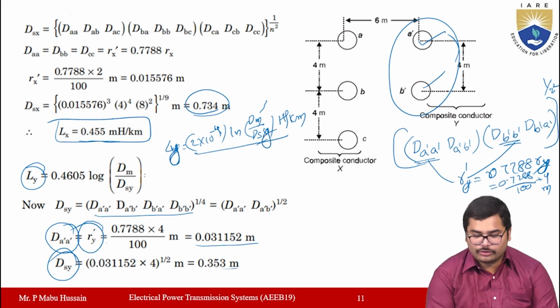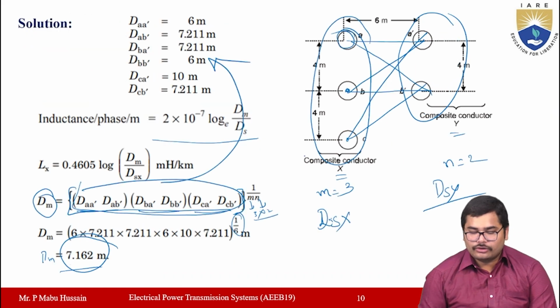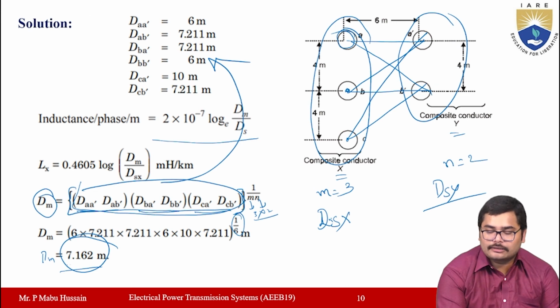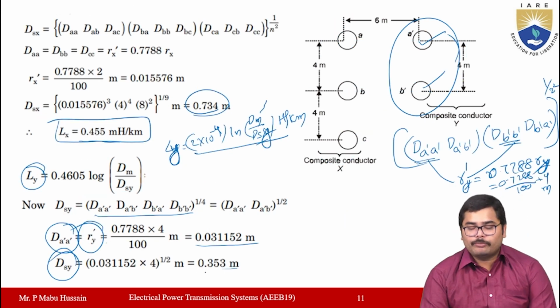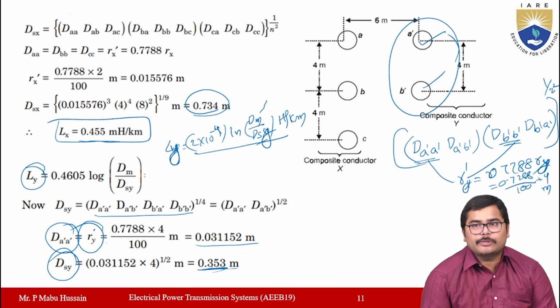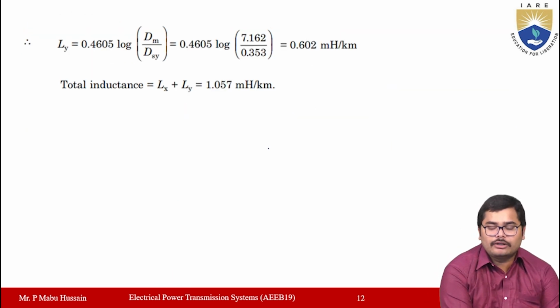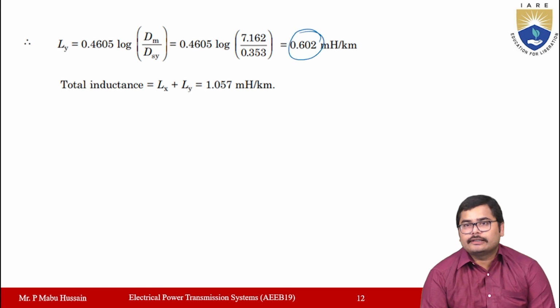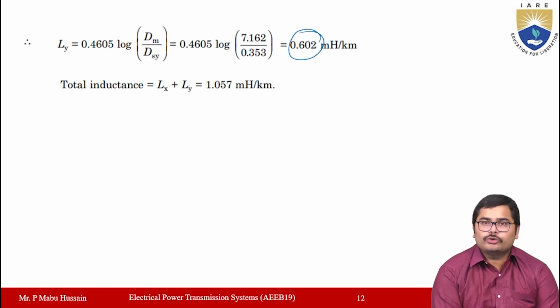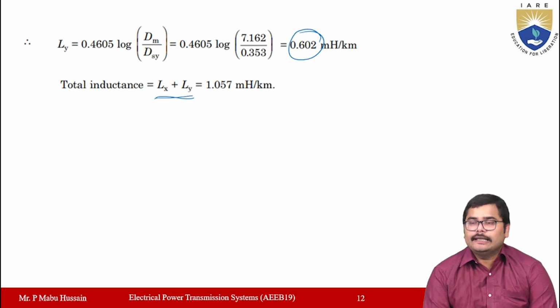If you substitute those two values in this equation, you will get the value of Ly, which is 0.602 millihenries per kilometer. Now the total inductance will be the sum of the two inductances Lx and Ly. If you sum those two, the total inductance of that transmission line will be equal to 1.057 millihenries per kilometer.